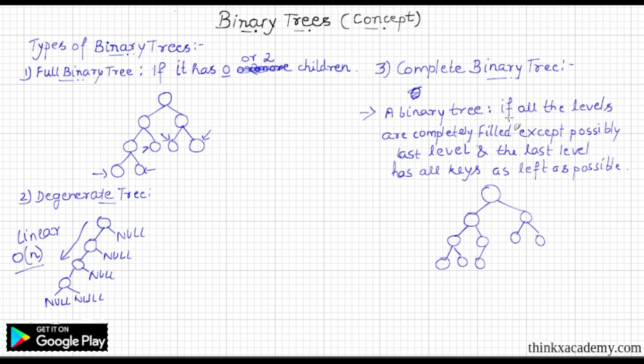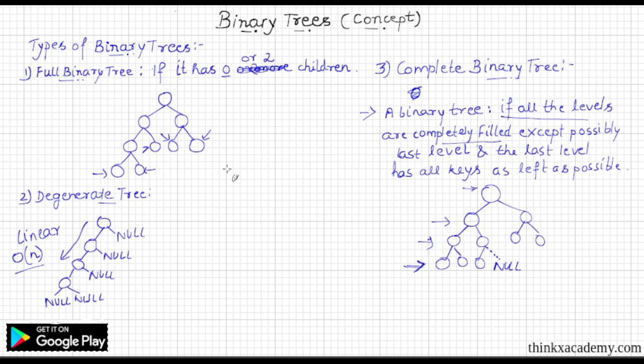You can see that all the levels are completely filled except possibly the last level. So you can see that this is the last level, and it is not filled. This is null. So this last level is not filled, but all the other levels are completely filled because they all have 2 children. So this is an example of a complete binary tree.